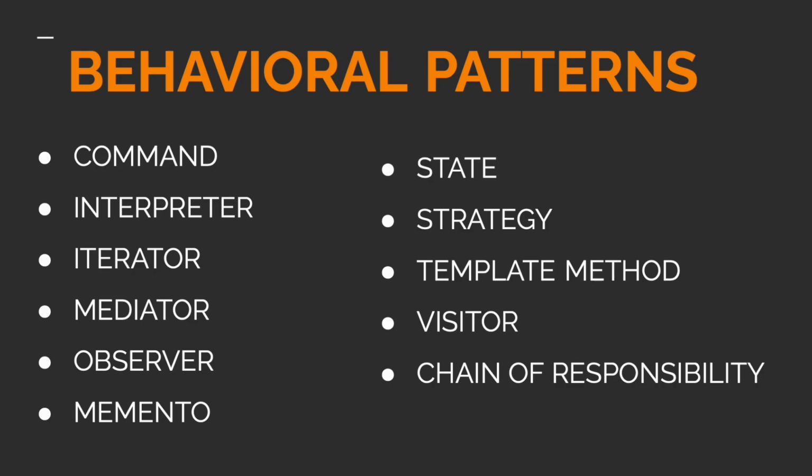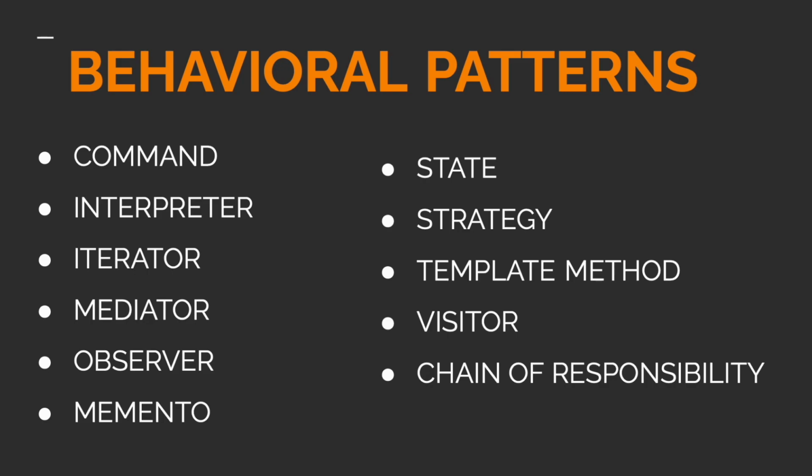And then we have the behavioral patterns. Some famous ones are the observer pattern, which defines a one-to-many dependency between objects, so as soon as one object changes state, the others are informed of that. Think of a chat application, something of that sort. Then we have the strategy pattern, which allows interchangeable algorithms to be selected at runtime.